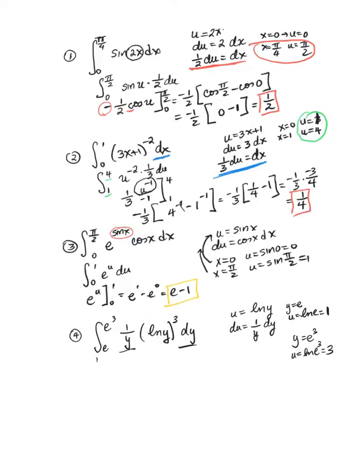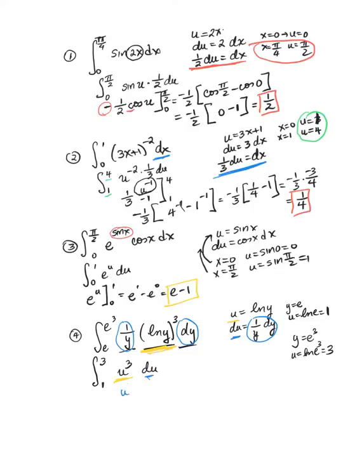So this, as a u integral, becomes the integral from 1 to 3 of u cubed, which is this piece. I'm going to underline that. This is u cubed. And the 1 over y dy is du. So we put the du there, and I'll underline it in blue so you know.